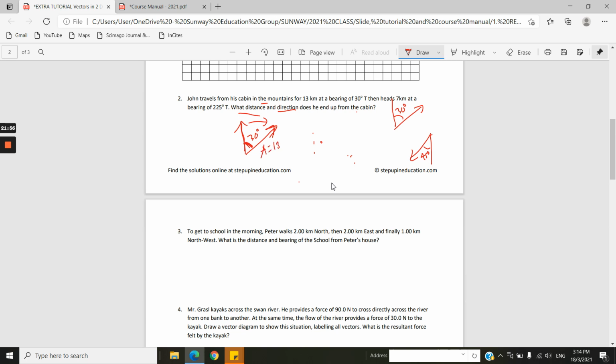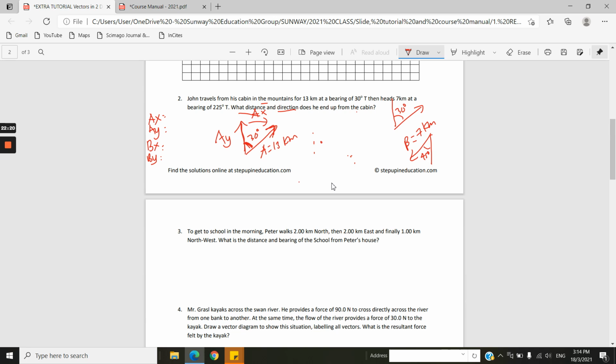So this is your vector A, 13 km. So you have AY, AX, correct? So you resolve your AX, AY, BX, BY. Another vector I name it B, B is 7 km. Later we resolve one by one. First we resolve vector A, 13 km.